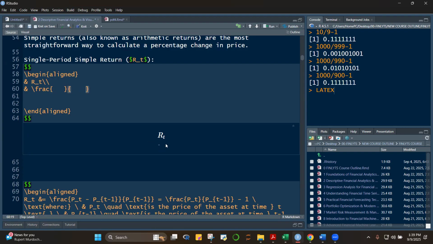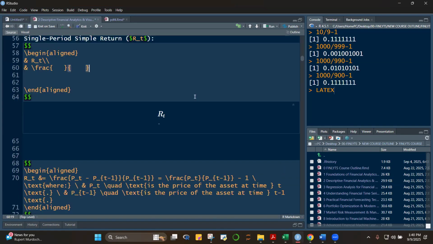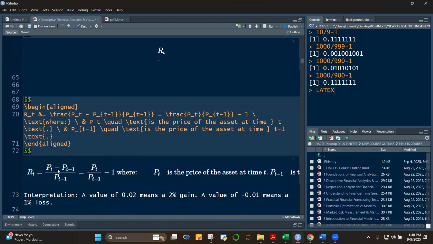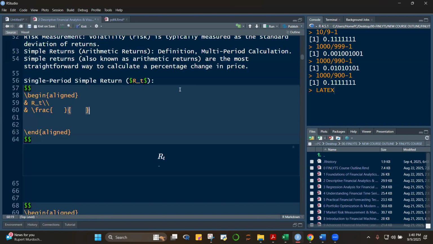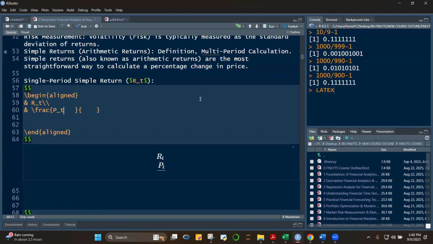And notice the red ink was eliminated because this code is already okay, but we don't have what's inside here yet. So frac of what, class? This is our numerator, P sub t minus P sub t minus 1. Because we're using the subscript, we're not going to use text. So P sub t, and then to put the underscore, there you go, class, P sub t.